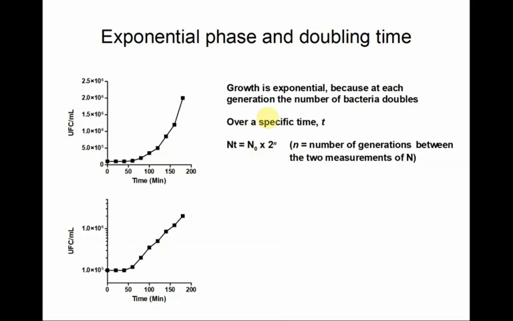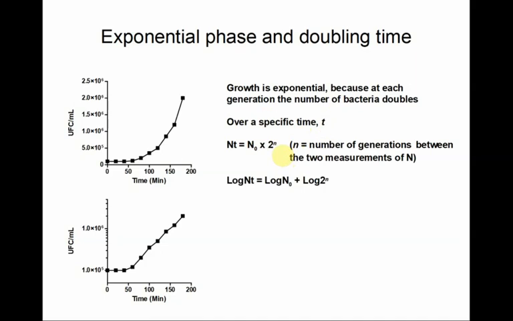So that's your basic equation. You know what t is, because you've done the experiment, you know when you took each sample. What you want to find is n, so you've got to rearrange this and find n. Now, if you've got powers, exponents and stuff like this, it's always a good idea to take logarithms. So you take the logarithm of everything. Something multiplied by something else, when you take logs, becomes addition. Everybody remembers that, right?